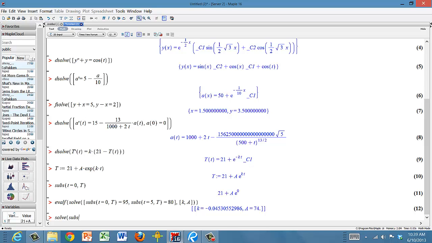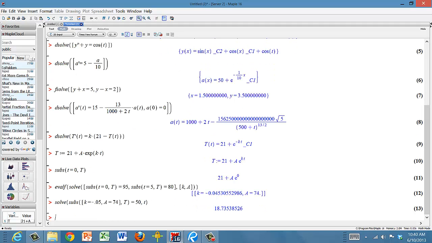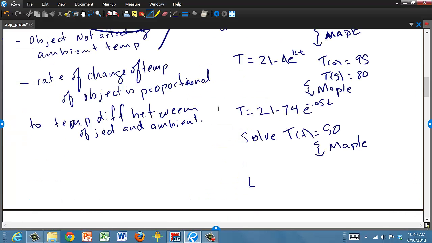I want to substitute k equals negative 0.05 and a equals 74 into capital T. You want to get out 50. You want to solve for little t. You get 18.74. So t equals 18.74 minutes, and then you're done.